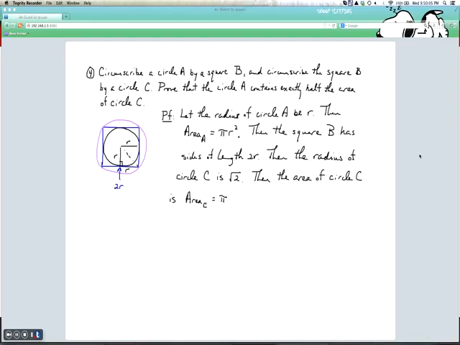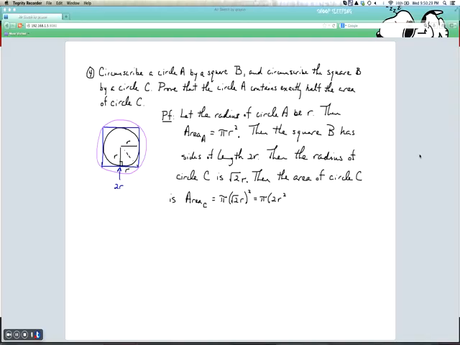Oh, I'm sorry, I told you wrong. It's not square root of 2. It's square root of 2r. Right? If this is 1r, then that's square root of 2r. My bad. So this area is then pi, and now the radius squared, which is pi.